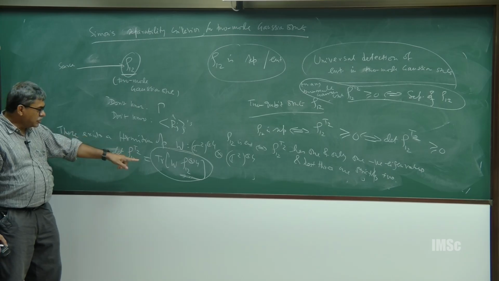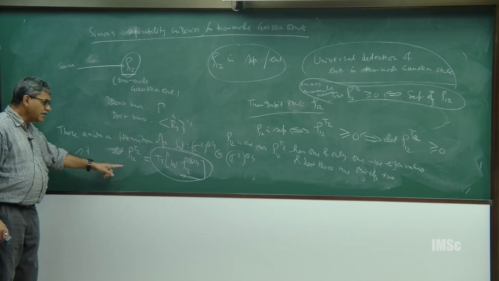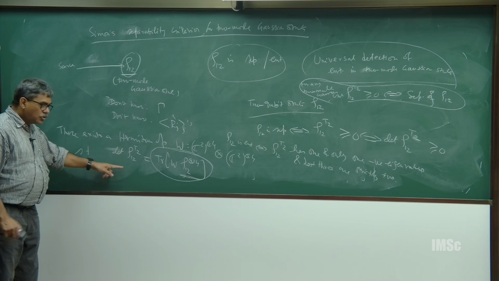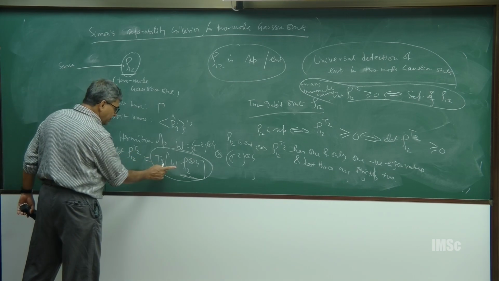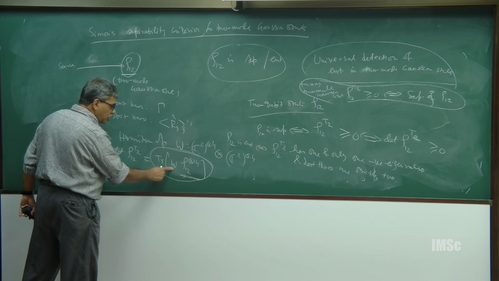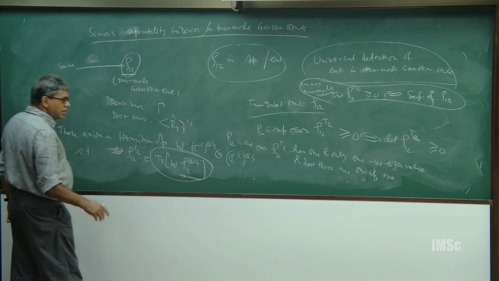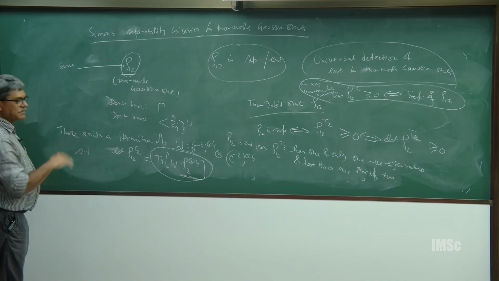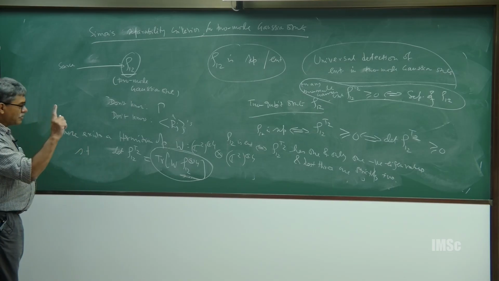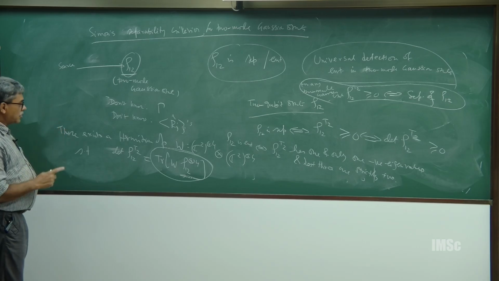If it turns out to be non-negative, you know that the original state is separable. So, just by measuring a single observable on 4 copies of this state, you can detect whether the 2 qubit state is entangled or separable, just one observable on 4 copies.